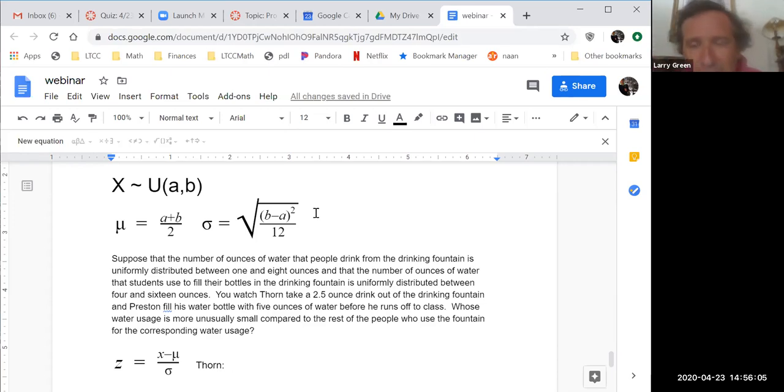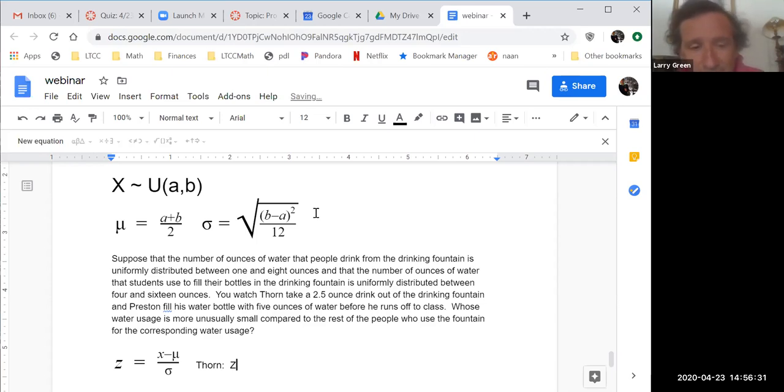So the first thing is let's look at Thorn's distribution. Thorn took a 2.5 ounce drink out of the drinking fountain. Thorn's just drinking, not filling a bottle. So what is the distribution for Thorn's peers?